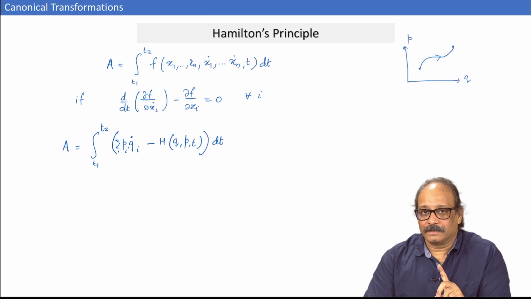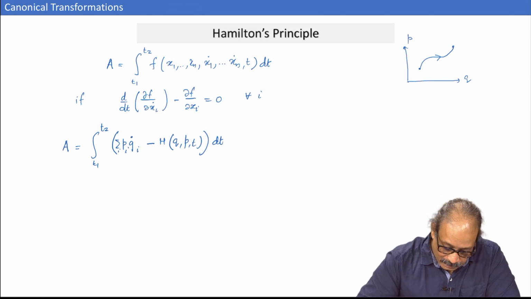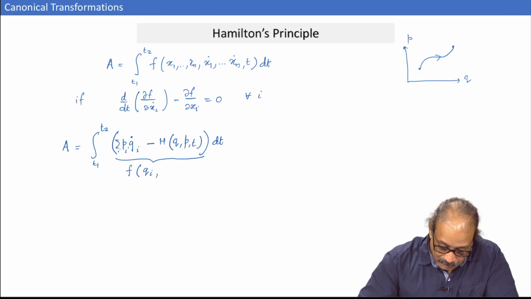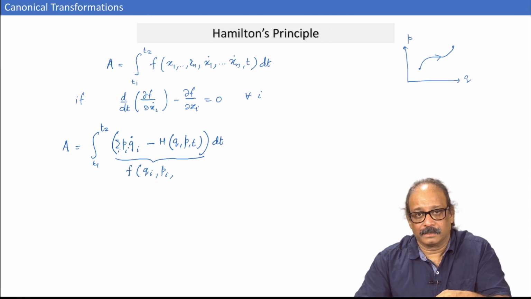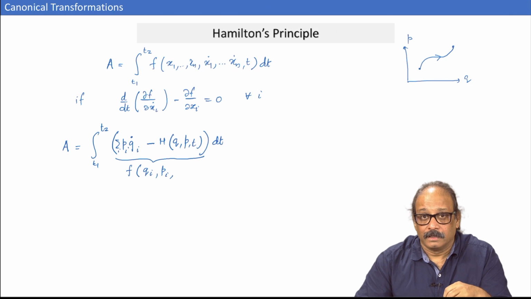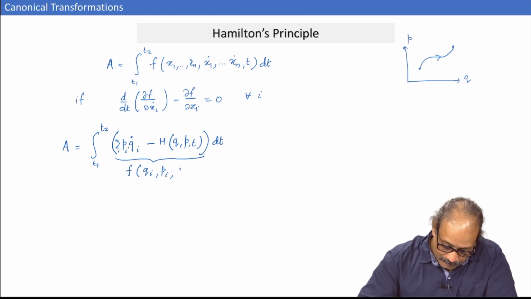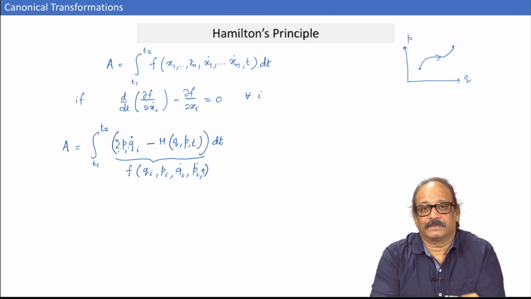But the trick that you have to do is this: think of this as an integrand function where the independent variables are the q_i's, q1 to qn, the p_i's, p1 to pn, and q dots and also p dots, so q_i dot, p_i dot, and possibly this time t.